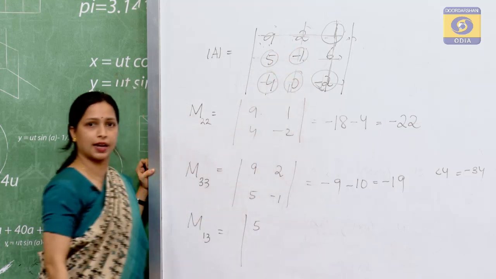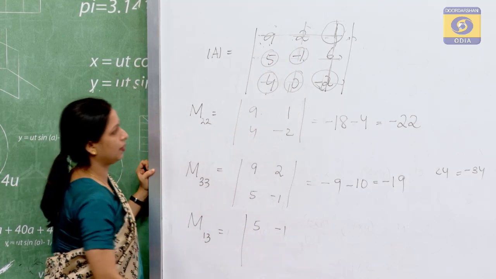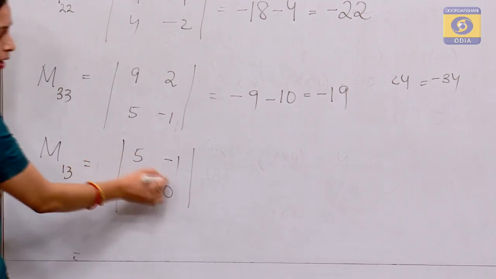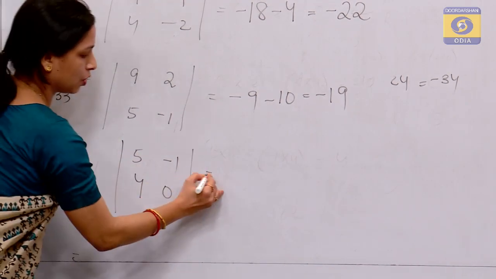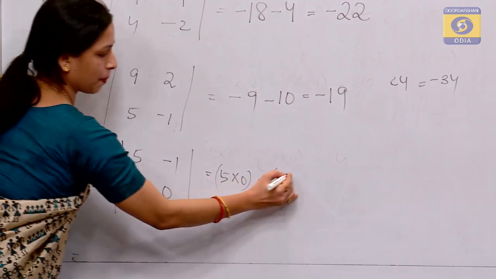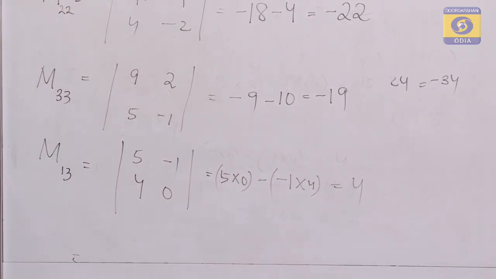So, these form the second order determinant of the element. So, 5, minus 1, 4 and 0, right. Again cross multiply the diagonal elements. So, 5 into 0 minus, the answer is 4, right.